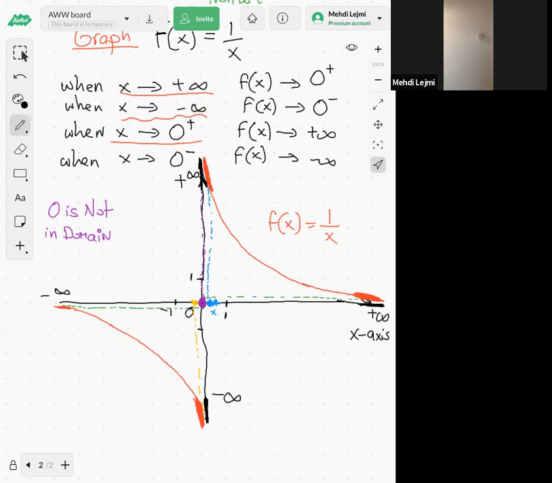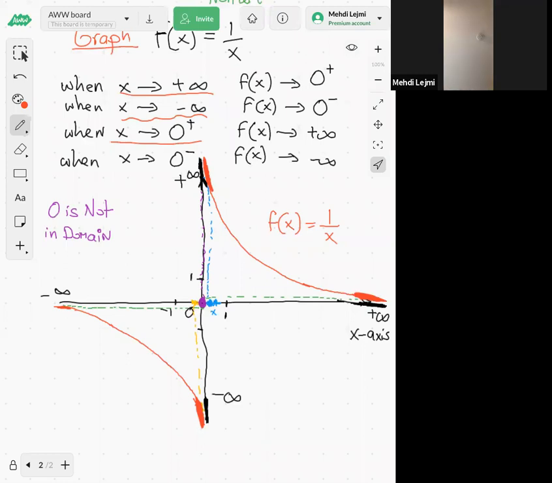So here the same thing. So here's your x-axis. The graph of f of x is going to be getting closer and closer to the x-axis, but it would never touch the x-axis, right? Because f of x cannot be equal to 0.